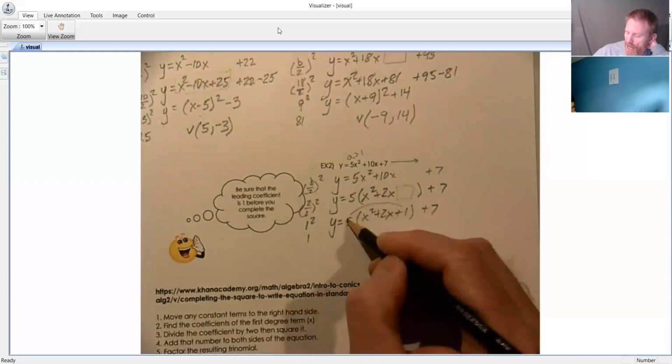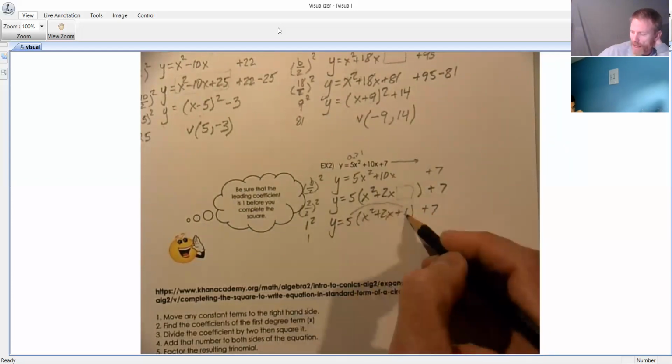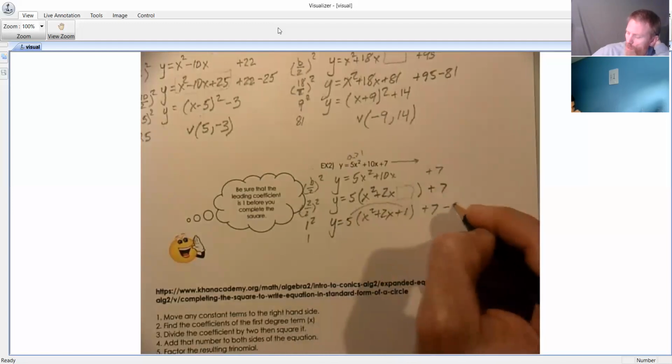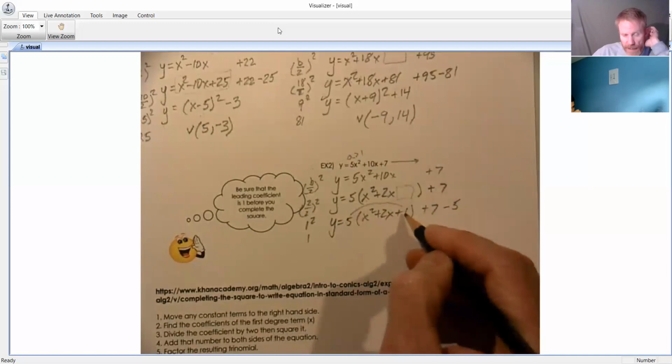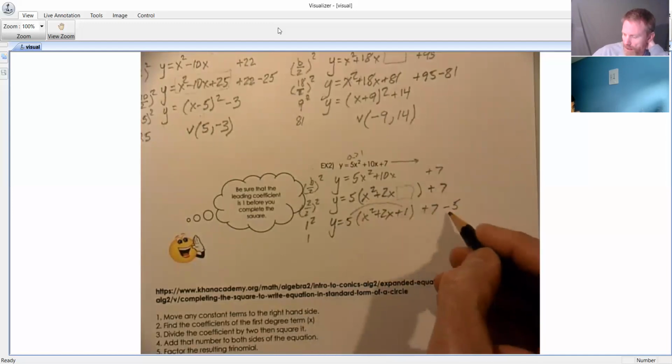We have 5 times whatever that number is. Because it's a 1, 5 times 1 makes 5. So we're including a 5 by writing that number in there. So we have to be sure to subtract the 5.